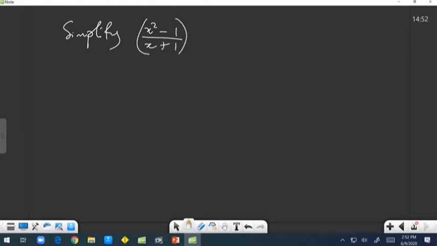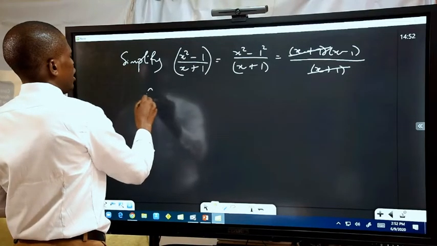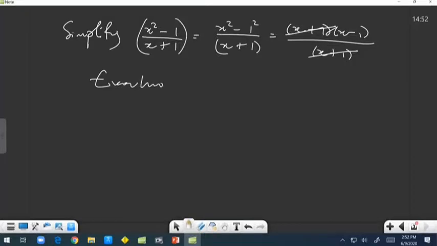Okay? For us to simplify this, we have x squared minus 1 squared divided by x plus 1. And that will be x plus 1, x minus 1 divided by x plus 1. So this cancels this. So if you have to simplify this, what about if you are evaluating that same expression as the limit of x approaching, in this case, let's say x approaches 1.